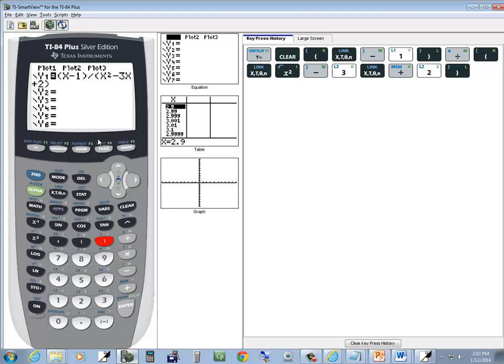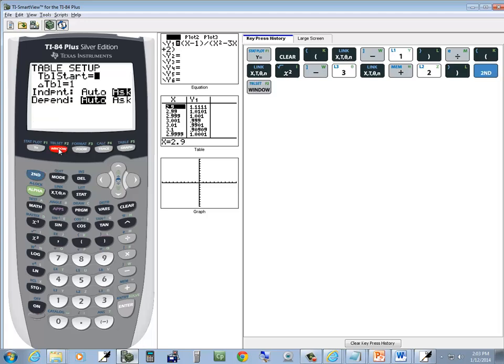Now we want to make sure our table setup is correct. If you did the first problem, you probably have it set up, but I'll do second window to go into table setup. And you want independent to say ask. If it doesn't say ask, down arrow to it, press your right arrow key, put your flashing cursor on ask, and press enter 1 time.